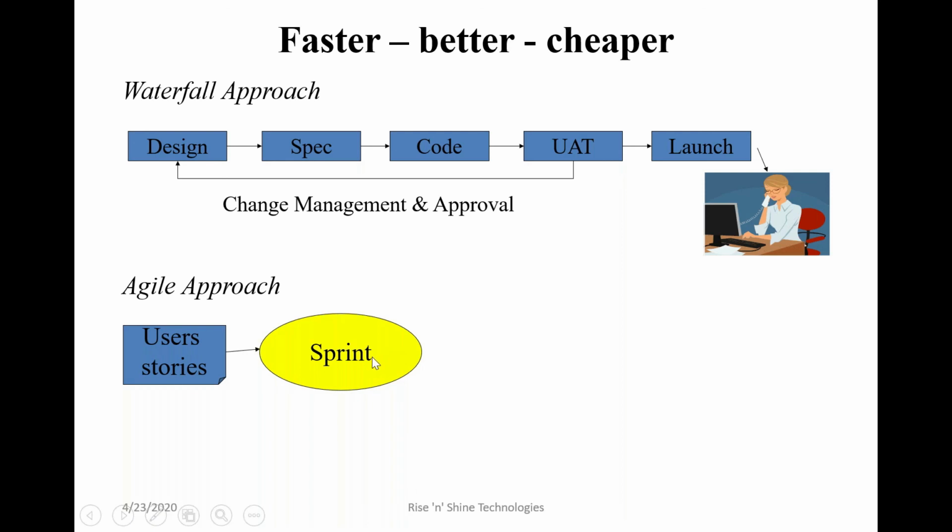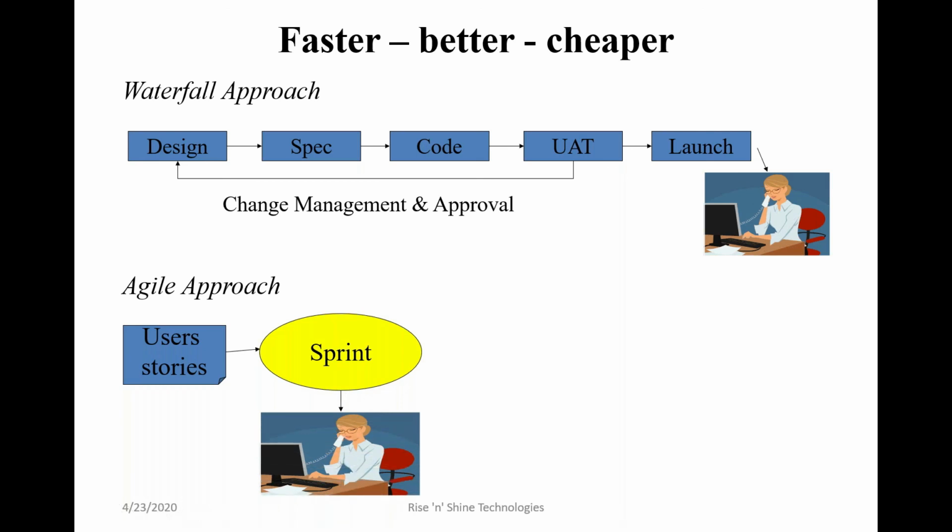A sprint is one specific duration for implementing part of the application, and once the sprint is completed, it is immediately launched to the client. Small stories are planned and released as sprints. But will there be only one sprint? No, there will be multiple sprints.